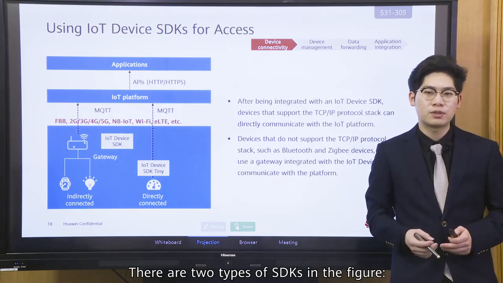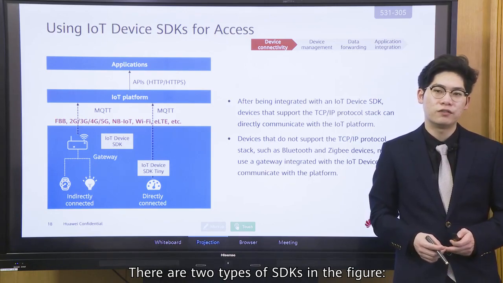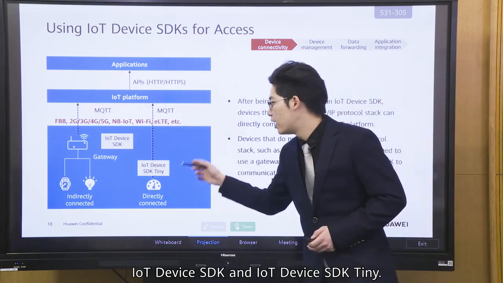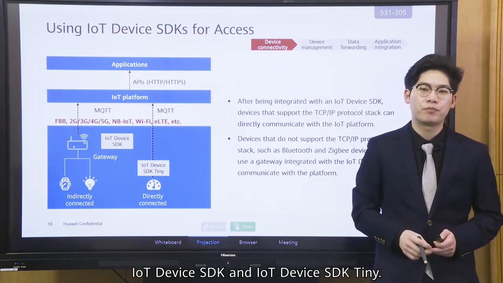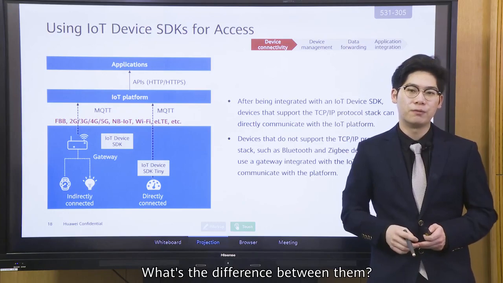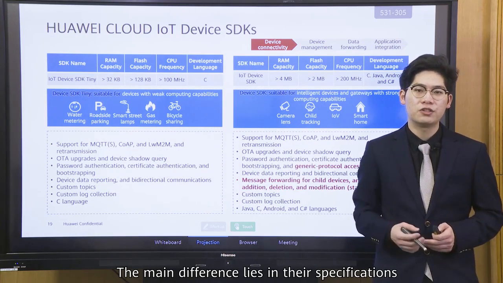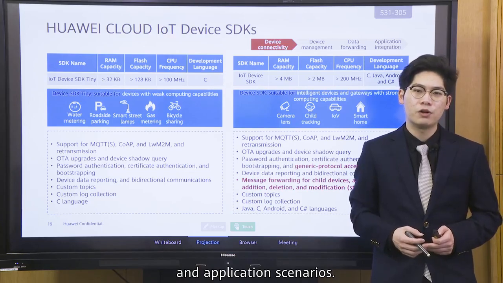There are two types of SDKs in the figure: IoT Device SDK and IoT Device SDK Tiny. So what's the difference between them? The main difference lies in their specifications and application scenarios.